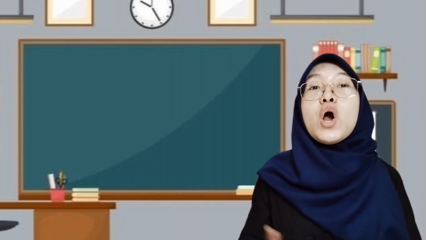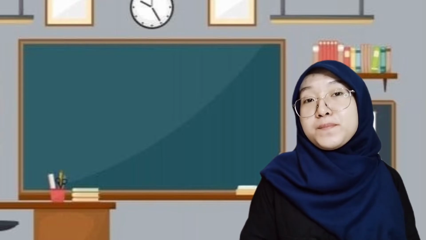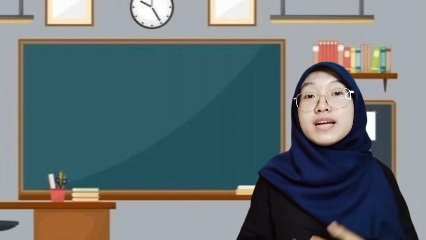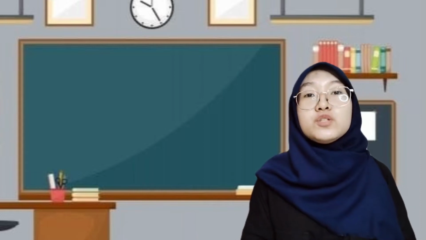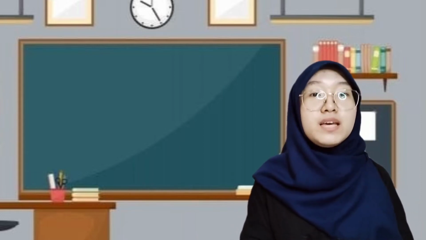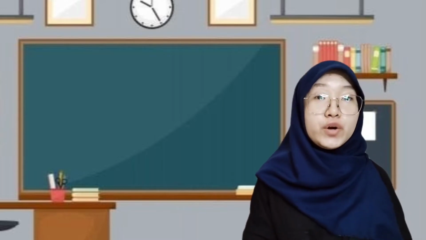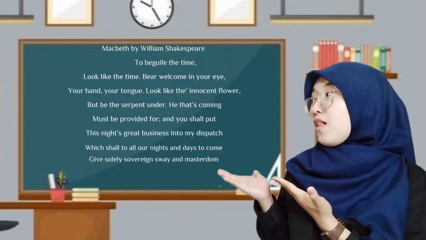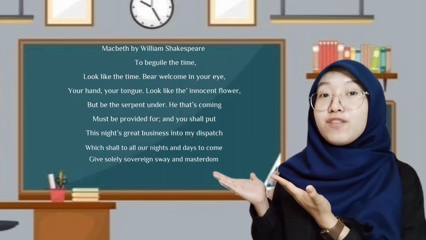Okay, good. We move to the euphemism. Euphemism is an indirect expression used to replace that something that is deemed inappropriate or crude. Here is an example of this figurative language.